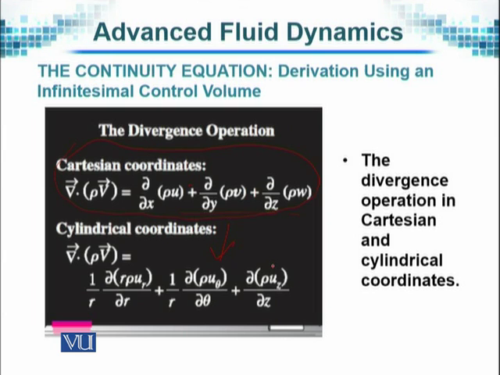The cylindrical coordinates, as you know, are shown in r, theta, z directions. This is a standard format, and it is very important. If the flow of fluid is taking place in a planar motion, then it's better to use rectangular coordinates.